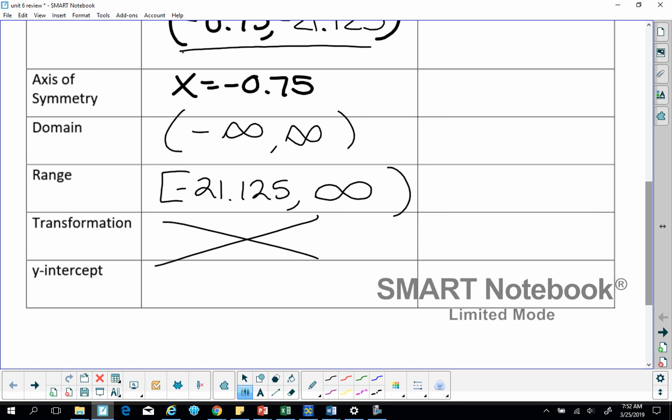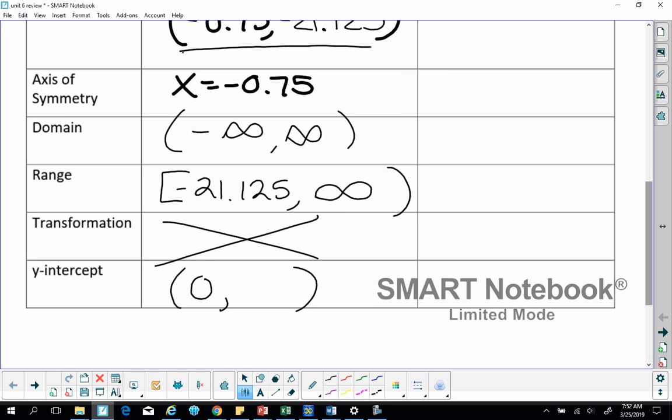What's your y-intercept on that graph? It's 0, what? That's your y-coordinate of your vertex. Looking at the equation, how could I tell?